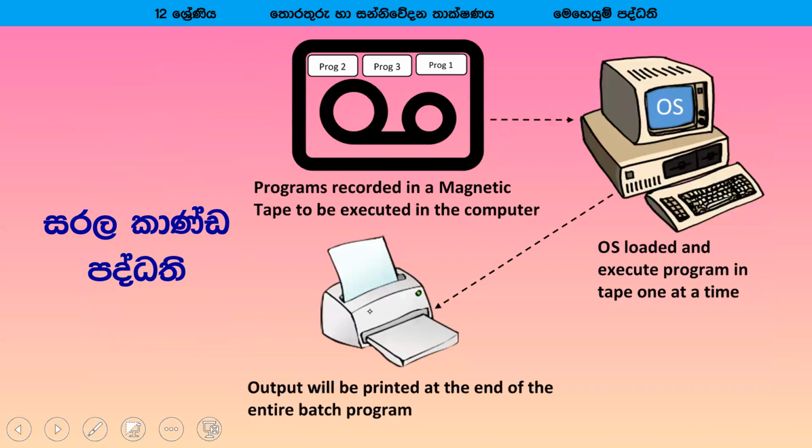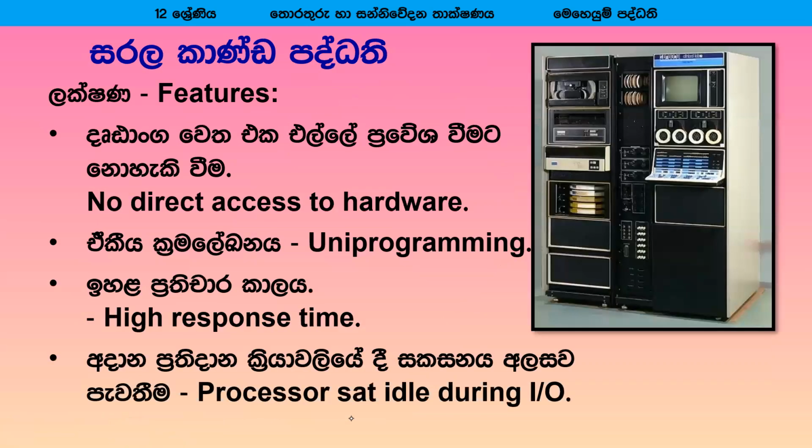This is just a simple diagram to show how it happens. It records onto a magnetic tape, and it is put into the computer, which has an OS now. The OS loads the programs and lets them execute inside the CPU, with no interaction with the users or anything else. Then later it will be printed out as per the requirement, right?